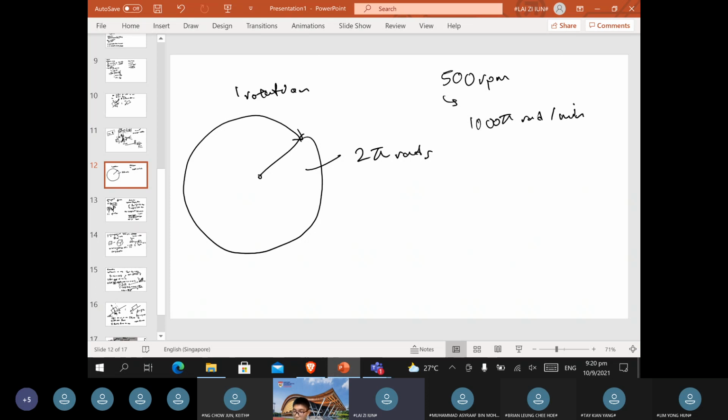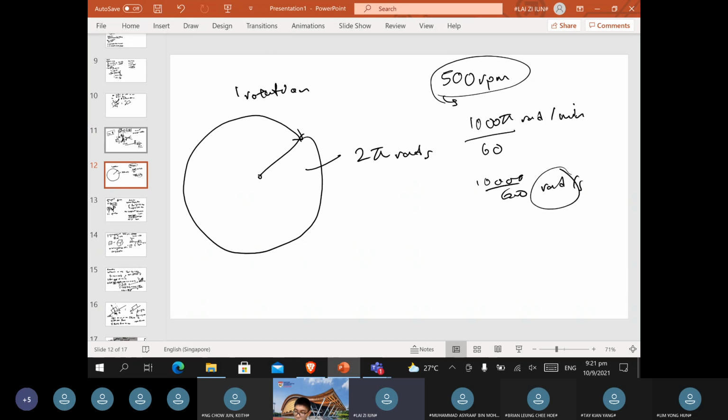Then to convert to radians per second, just divide by 60. 1000 pi over 60 radians per second. So if you need the formula, RPM is equal to 2 pi over 60 radians per second.